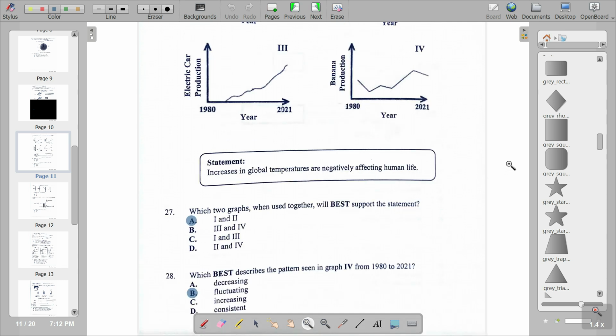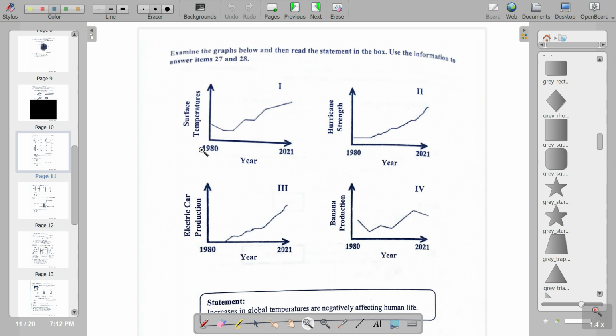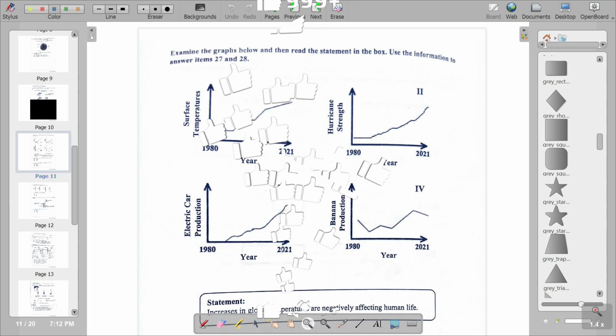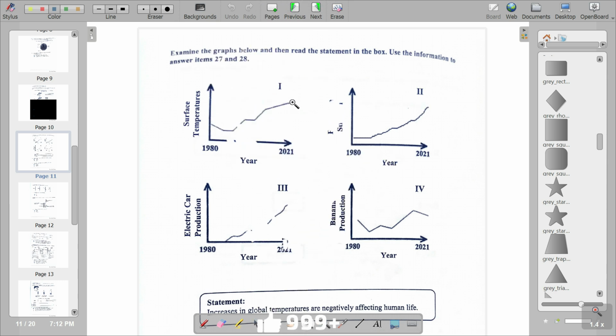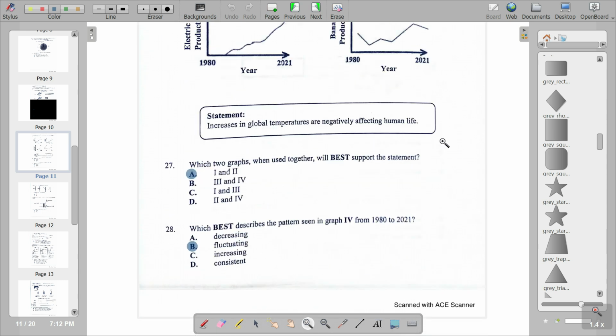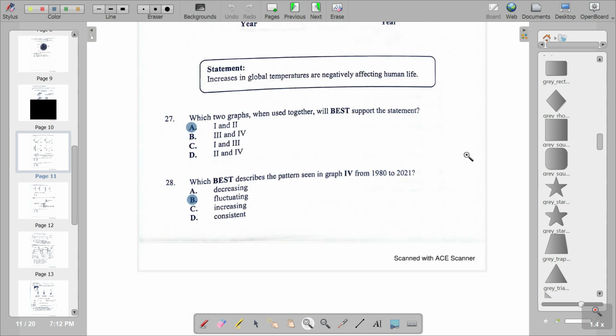I chose 1 and 2. Why? Because as you can see, as the surface temperature increases over the years, so does the strength of hurricanes. So I can safely say that based on the heat, hurricanes are getting stronger. Okay, 28.